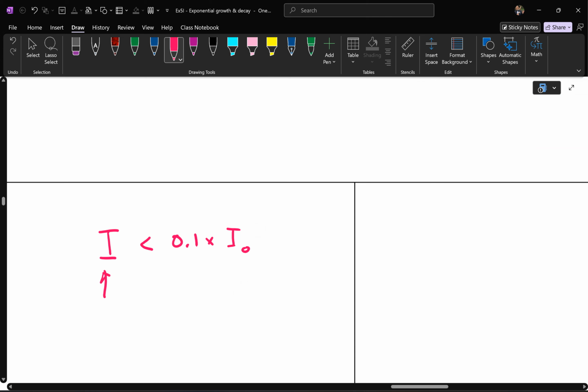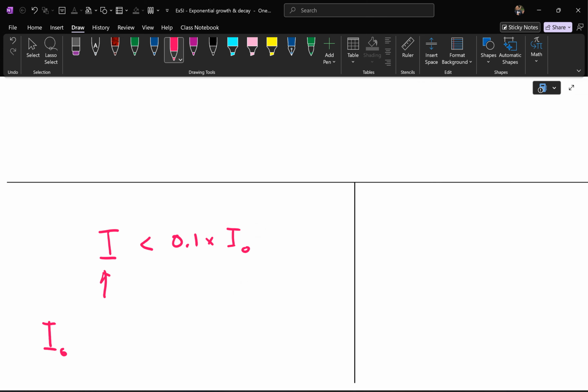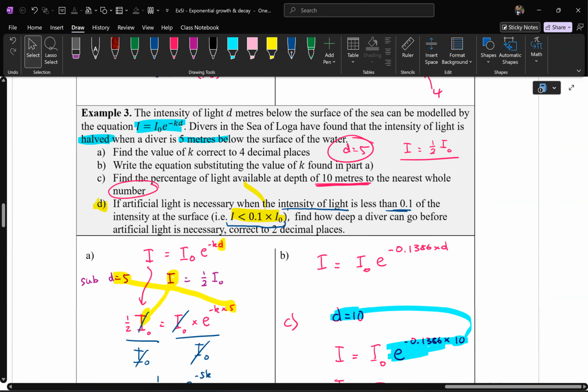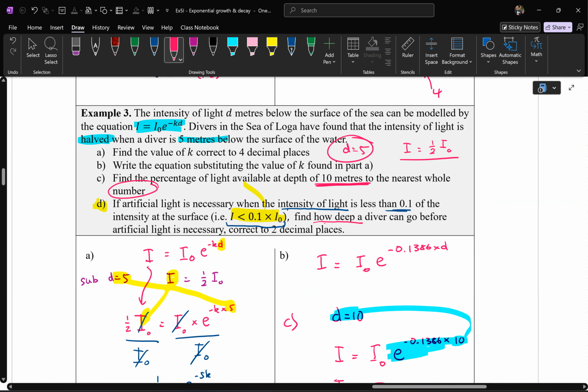And our intensity formula was I naught, what was it again? Times e to the power of negative, someone remind me? Okay, times by d, less than 0.1 times I naught. And remember, what are you trying to find in this question? They're asking you to find how deep. So you're essentially finding d.